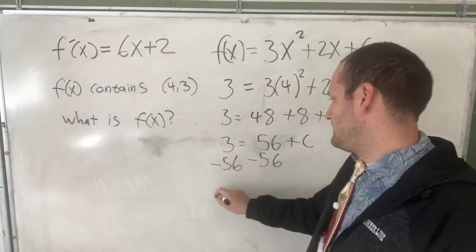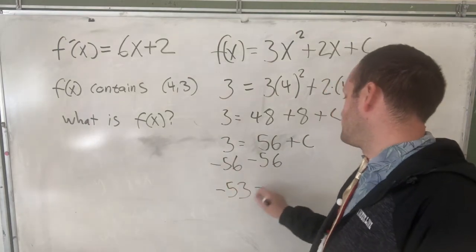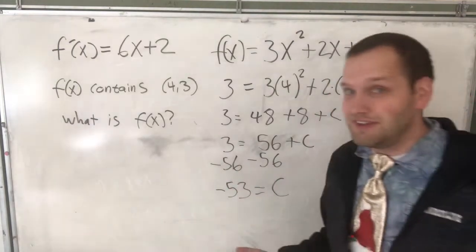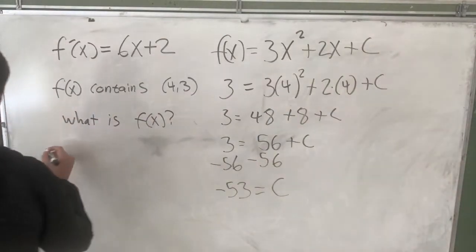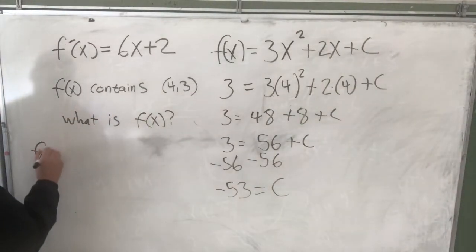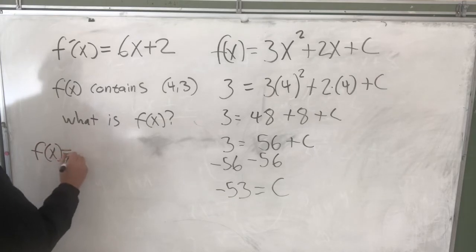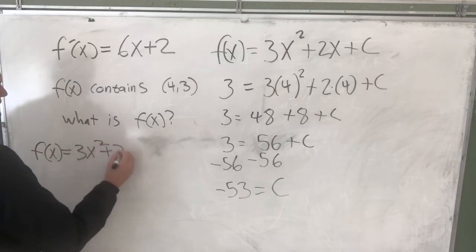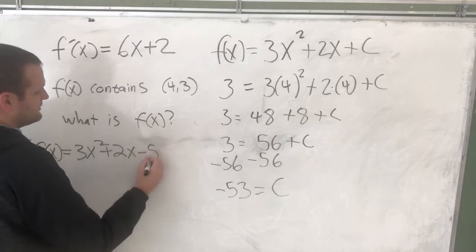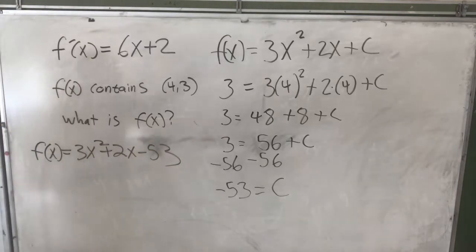That's going to give us negative 53 is c. So we now have the initial equation: f of x is, or was, 3x squared plus 2x minus 53. Bam.